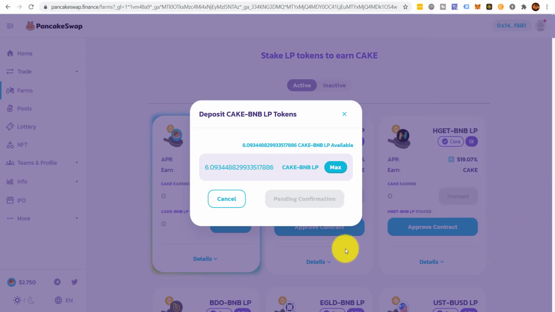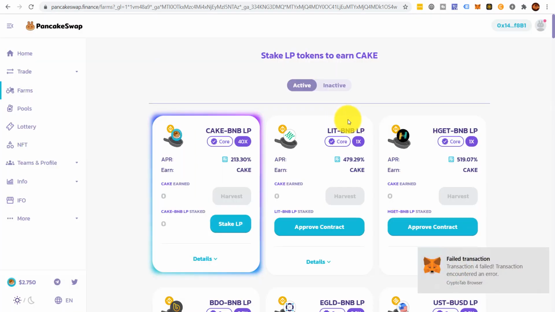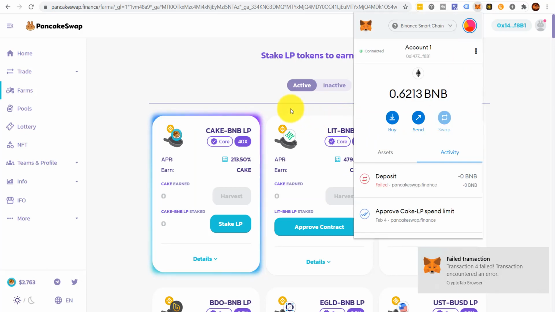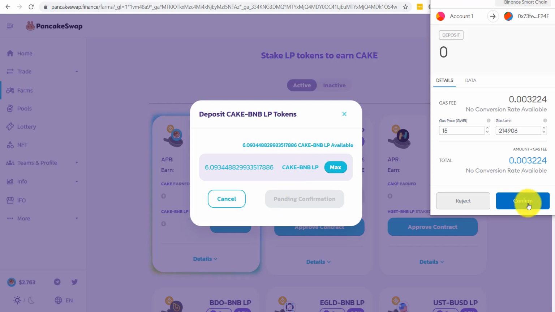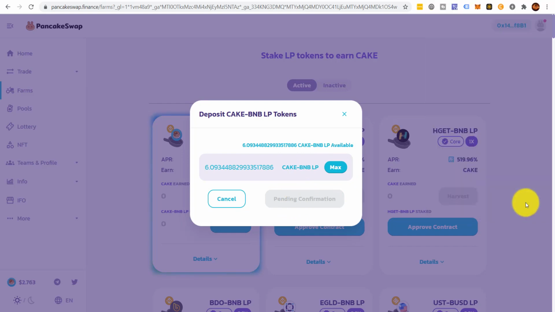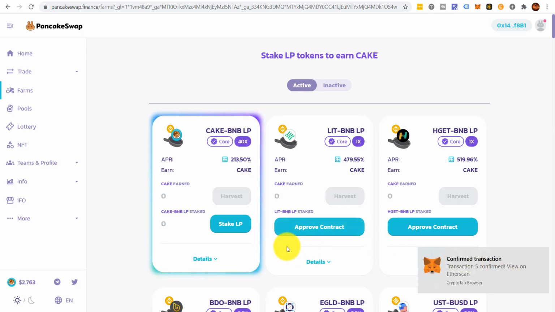And now we'll wait for that transaction to process. Transaction failed. Let's see why it failed. Let's try again. Stake LP. Max. Confirm. Transaction confirmed that time. So we had to do it twice.